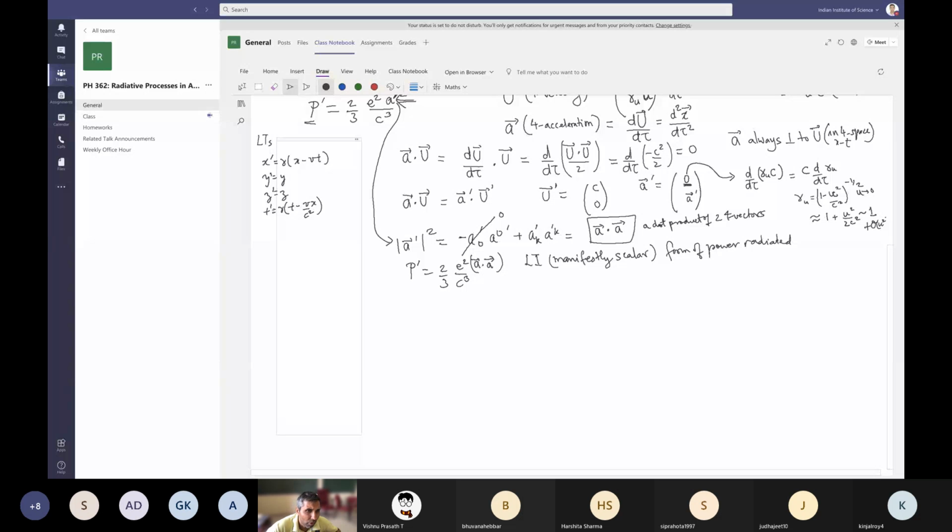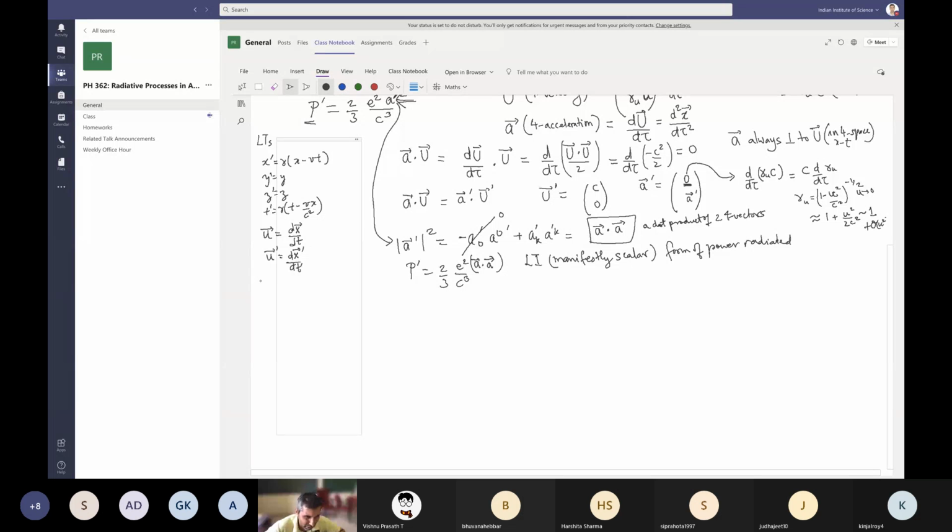So what we did was velocity u was equal to dx by dt, and u prime is equal to the change in x prime by the change in t prime, where x prime and t prime are the differences between how much x changes in time t prime.